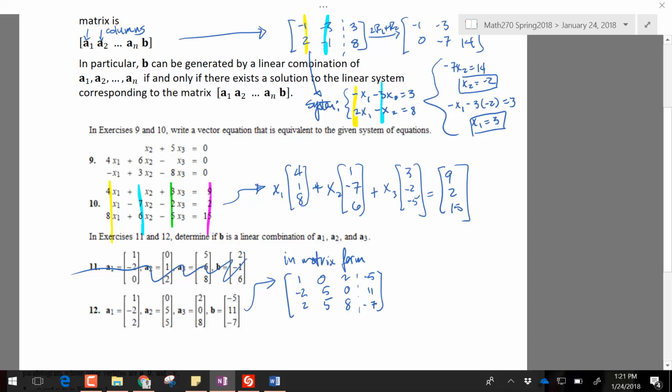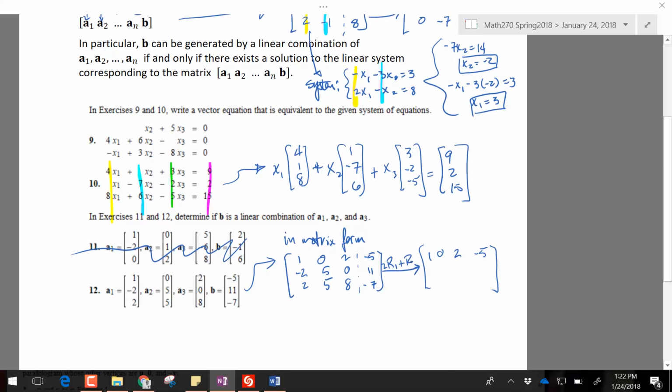So now let's go ahead and row reduce to see if we can have any solutions for this, because we're solving for x1, x2, and x3. It looks like I can do a couple of steps in one. I'm going to use my first row and manipulate the second and third rows. So I'm going to keep the first row the same. And then I want to multiply row 1 times +2 and add it to row 2.